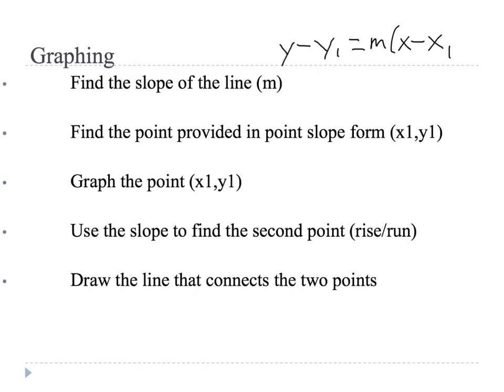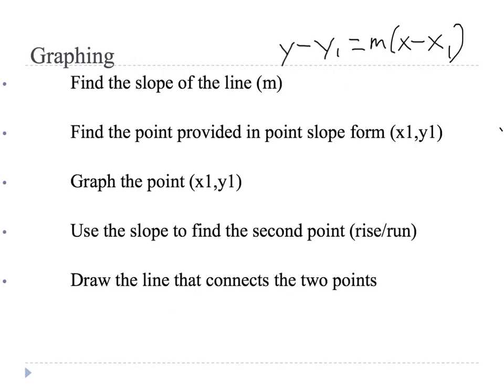Second step, find the point provided in the form x1, y1. So we're going to look at our equation, and we're going to find our x1, whatever's taking the place of x1, and our y1, whatever's taking the place of y1. And then we're going to write that as an ordered pair, x1, y1.